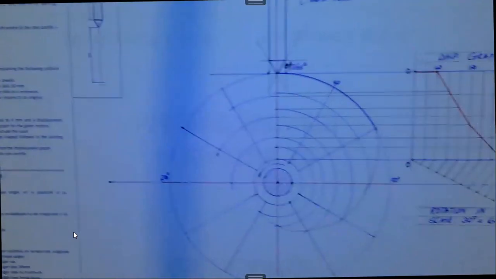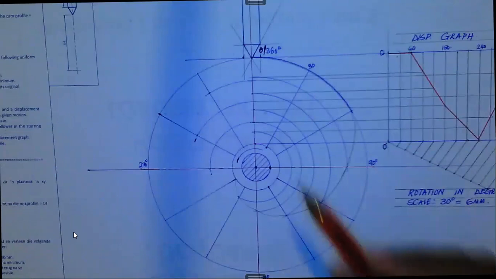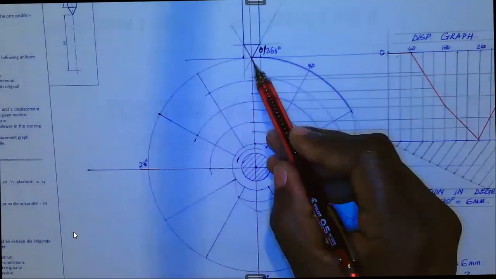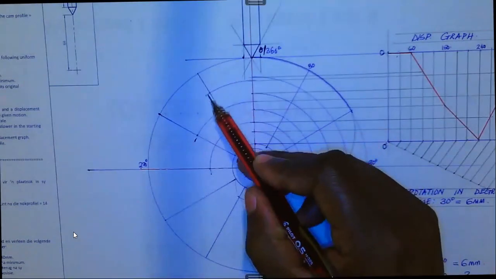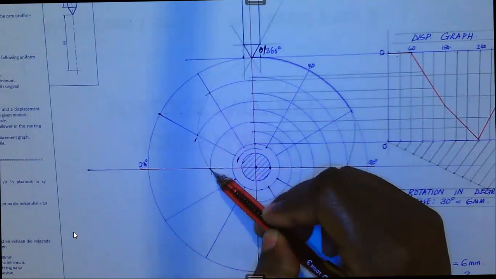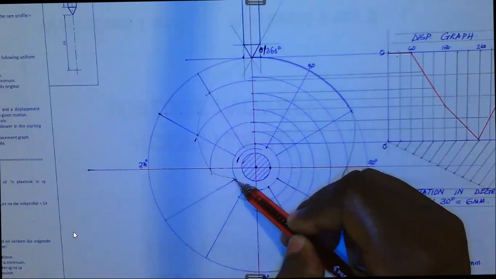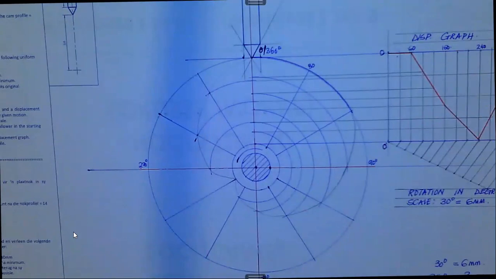So you connect these points. Connect this point faintly. You connect this point faintly like that. Now, once you have connected that, the next thing is to outline that profile.